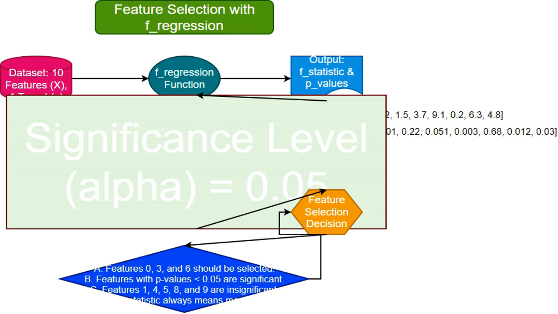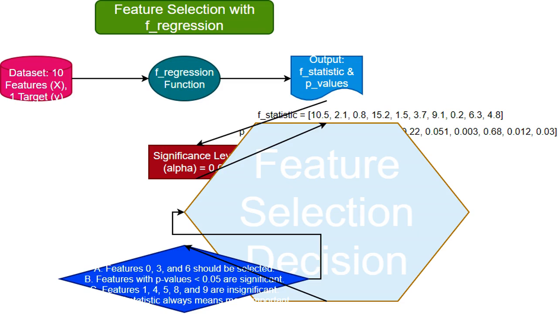Based on my p-values, I decide which features are important enough to keep and which ones to discard. I am essentially deciding what ingredients to keep in my recipe based on how much they contribute to the final product.